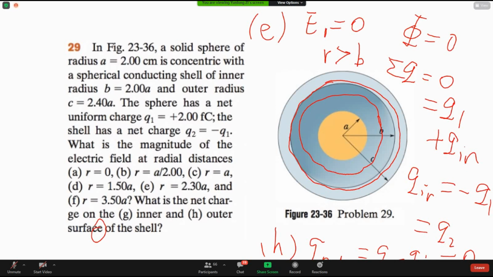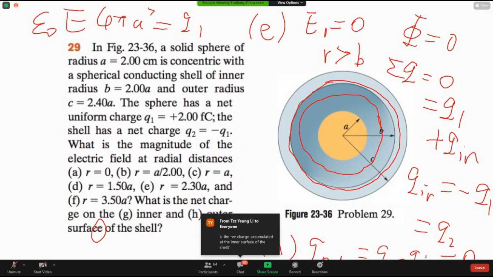Use epsilon 0 times E times the surface area, 4 pi R squared, and the right side is the charge inside, so that's Q1. Probably your question is whether we should consider Q2. If you are doing the integration over the Gaussian surface, you should not consider any charge outside of the surface. You should only consider the charge inside of the surface, so you don't need to consider Q2 here.